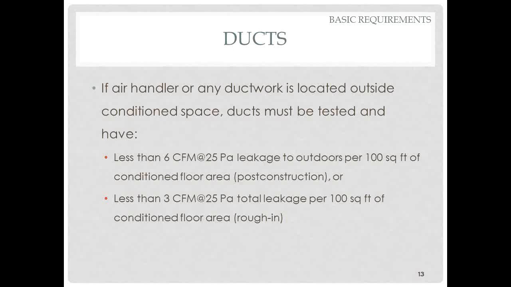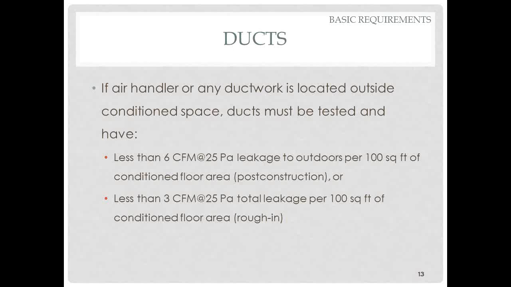Some of you on the call probably have never seen a duct tightness test, but the equipment that's used for that is much like a blower door, and the testing process is much like a blower door test. And you can see the requirements there. The amount of leakage you're allowed is tied to the size of the building, and it's also tied to when you do the test.